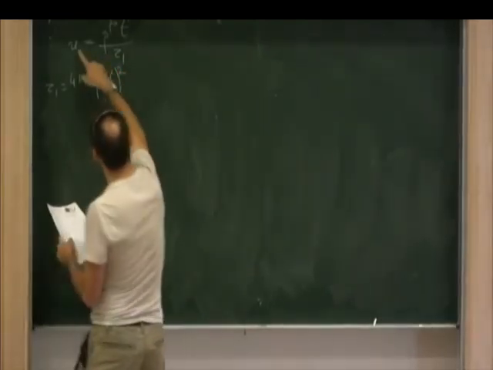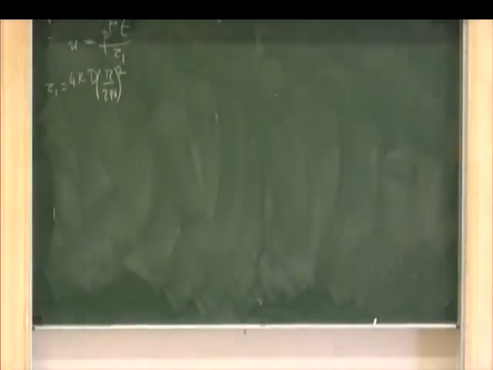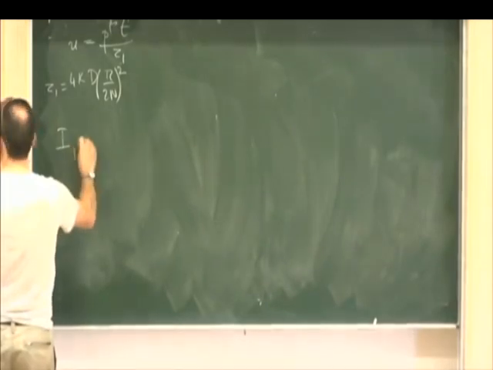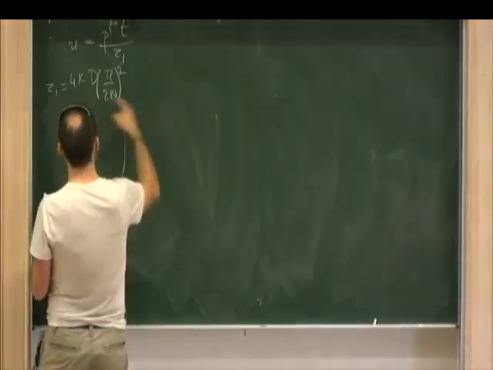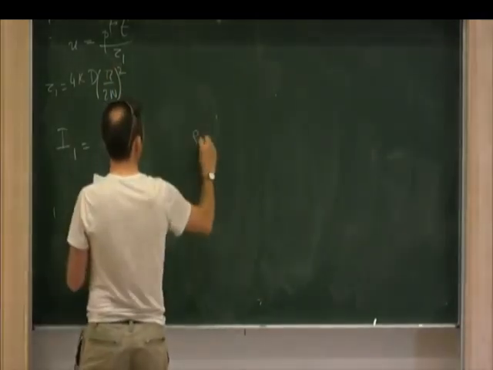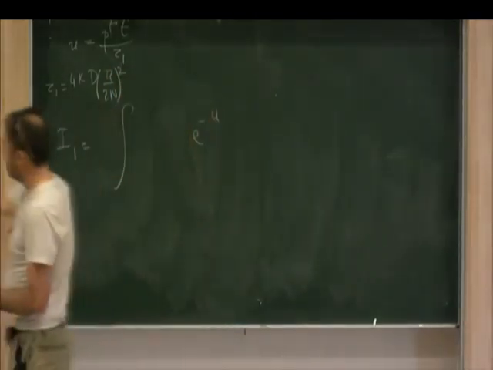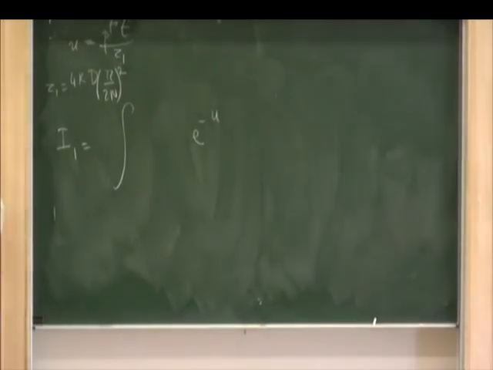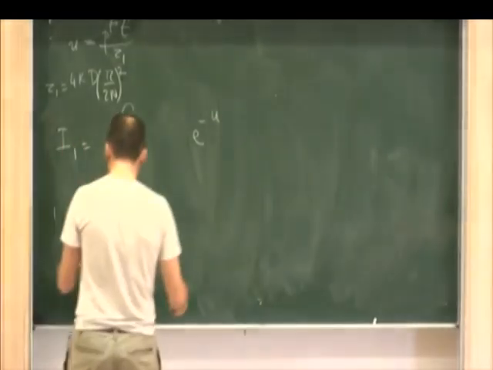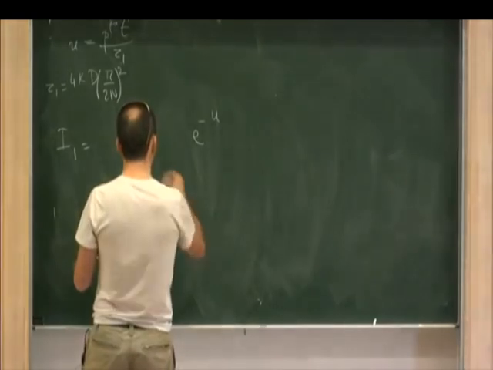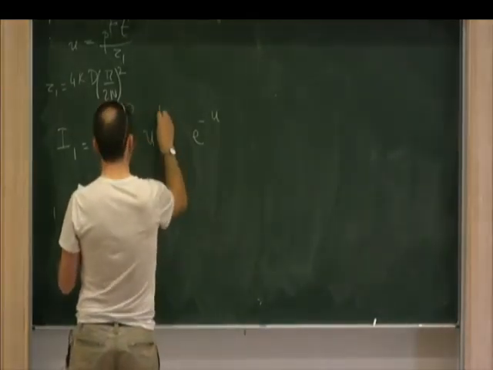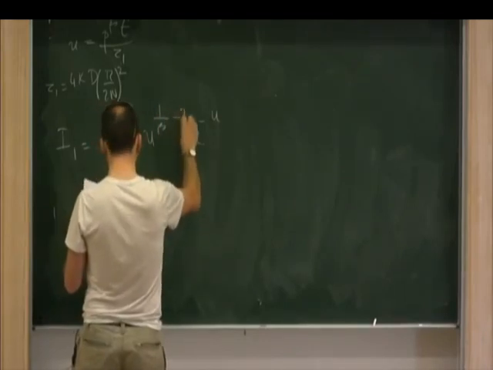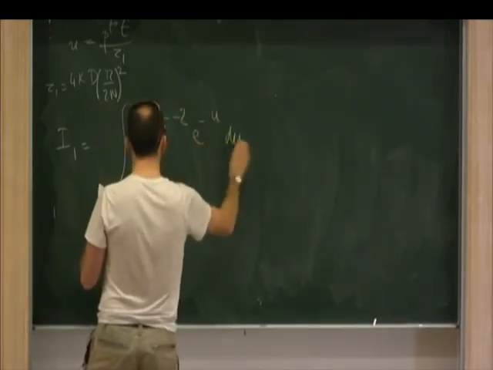Okay, so now this is exactly the term here. So this term, I1, is going to be dp, so let's write it du, so we'll have to change variable. So we have exponential minus u, this is now u, and we have to replace this term here. And so when we do the calculation, you get u to the power 1 divided by beta minus 2, exponential minus u du.